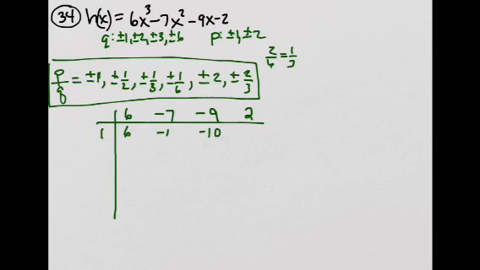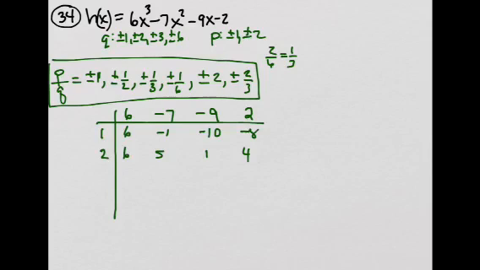Negative 10 times 1 is negative 10, plus 2 is negative 8. So that one didn't work. I'm going to try the 2. I'll start with the whole number. Bring down the 6. 6 times 2 is 12. 12 minus 7 is 5. 5 times 2 is 10. 10 minus 9 is 1. 1 times 2 is 2. And 2 plus 2 is 4. So that one did not work, unless I made a mistake.